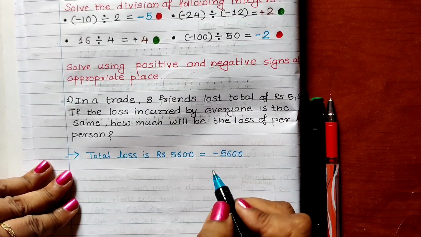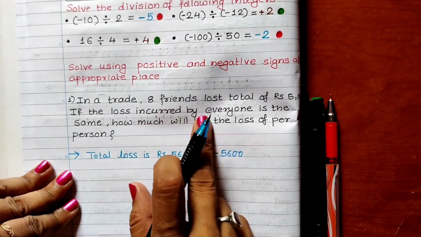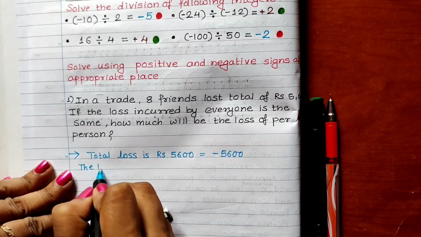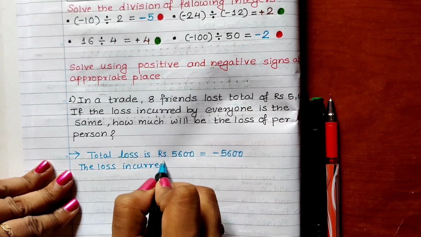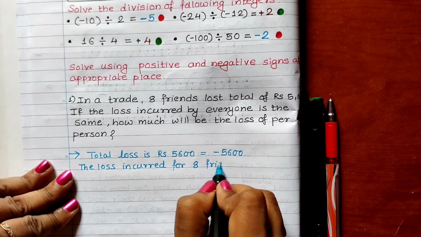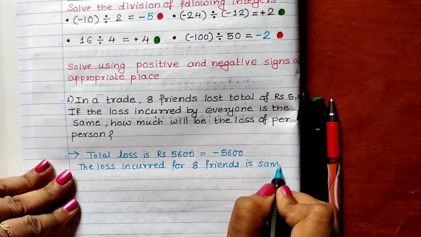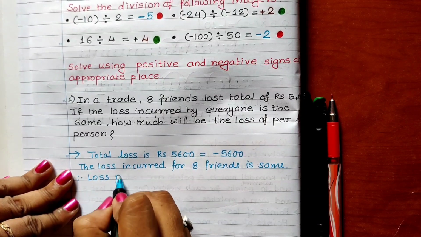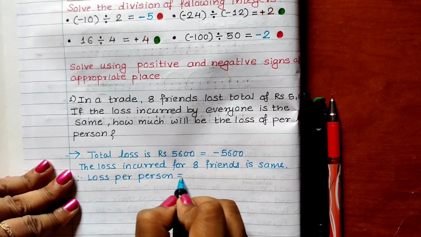Now, if the loss incurred by the 8 friends is the same, therefore, loss per person, for each person, how will you find it?